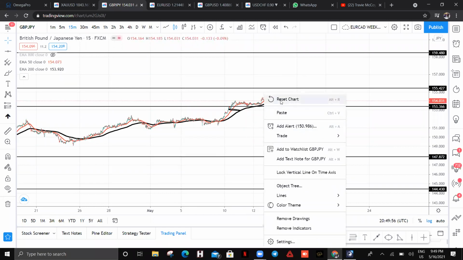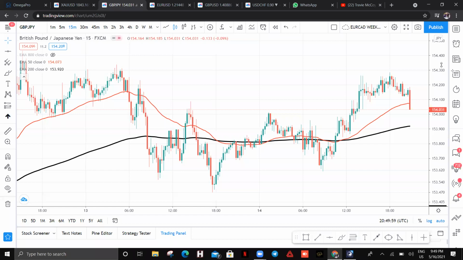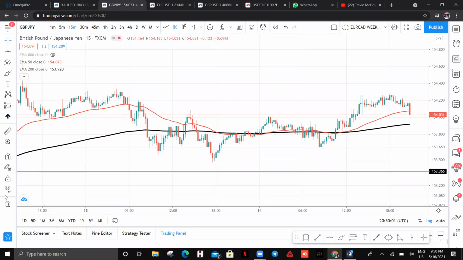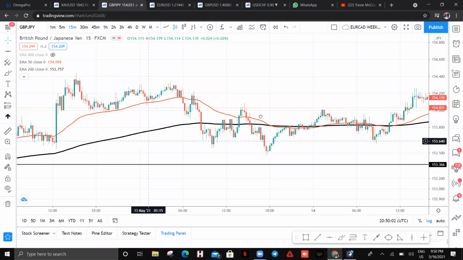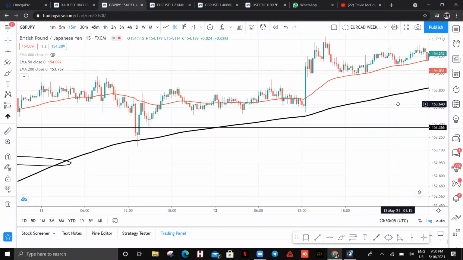Let me expand it so others can actually see. Know where we circled on the 4 hour. Now see this thing here. You enter this trade from here. This candle broke it, and this one closed above it. You enter your buy somewhere around here.